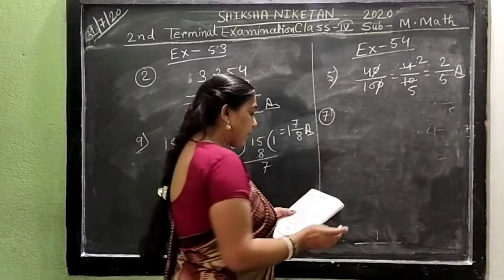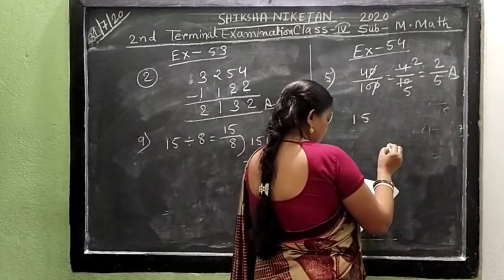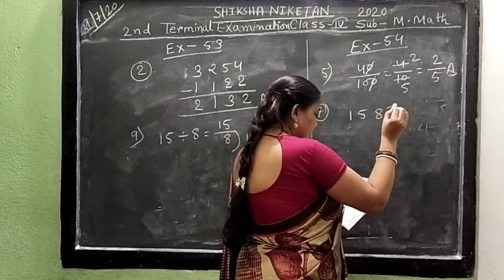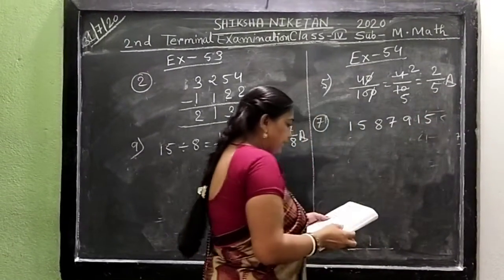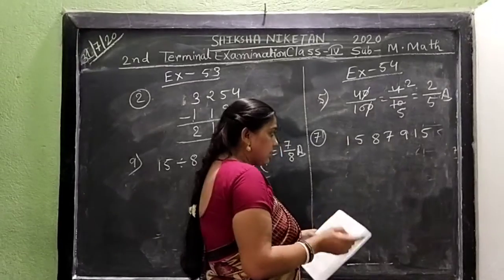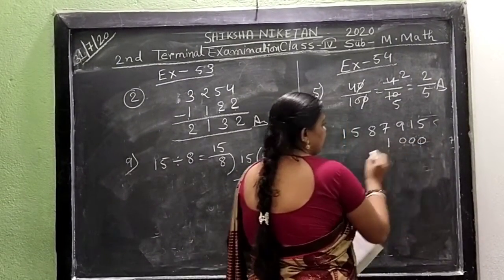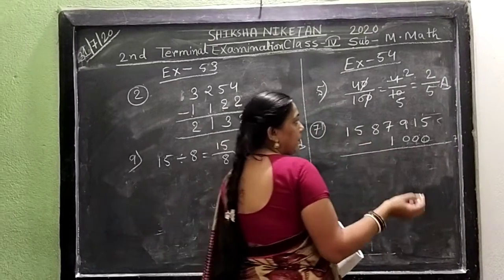So we subtract 1000 from 15,87,950. Ones, 10, 100, 1000. Put the symbol of subtract or minus.